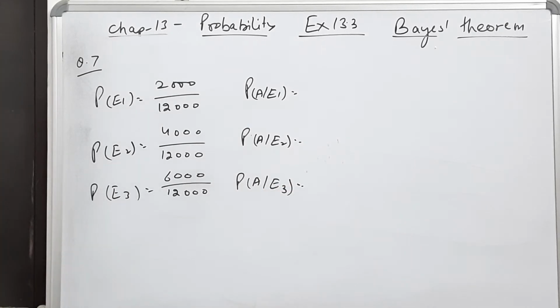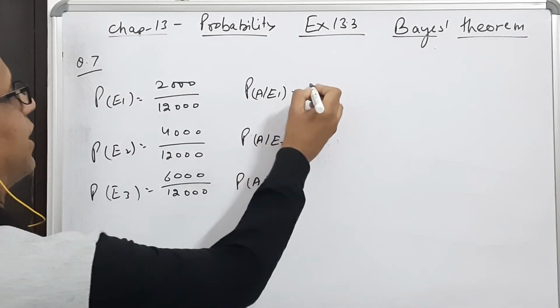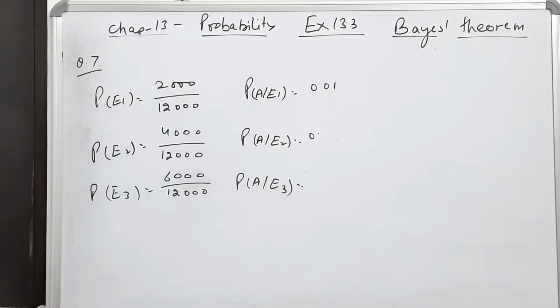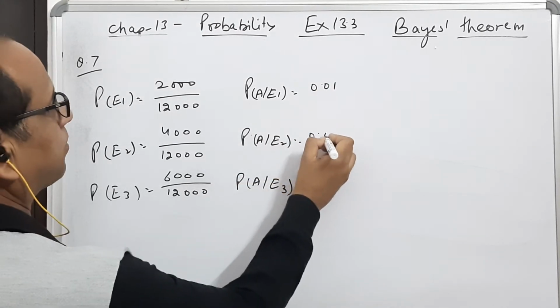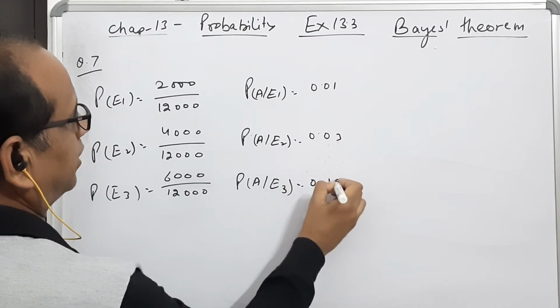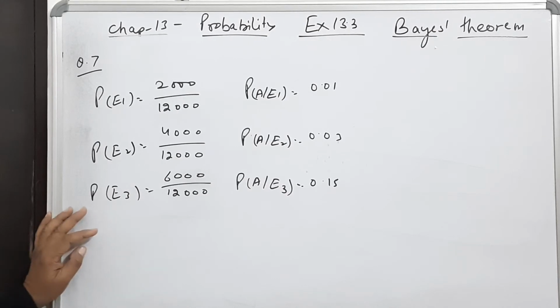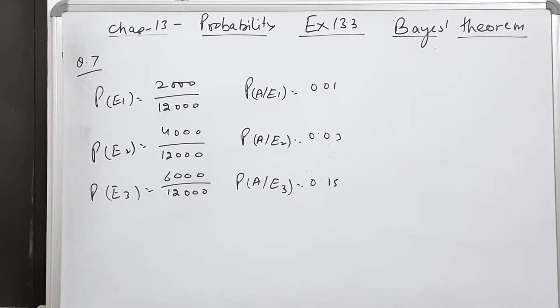It is already given here 0.01, it is 0.03 and it is 0.15, means the probability is more in case of truck driver and it is quite less in case of scooter driver. Now, a person has met with an accident. That accident has already occurred. What is the probability that he is a scooter driver?